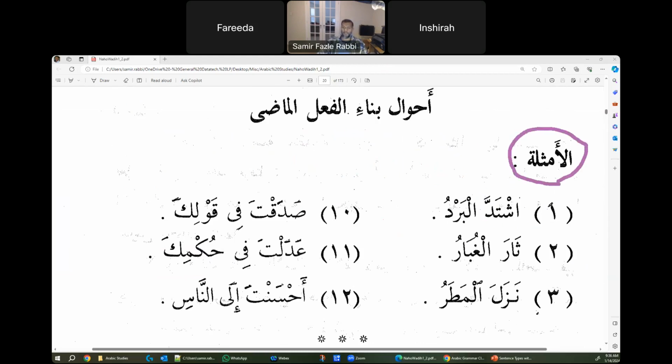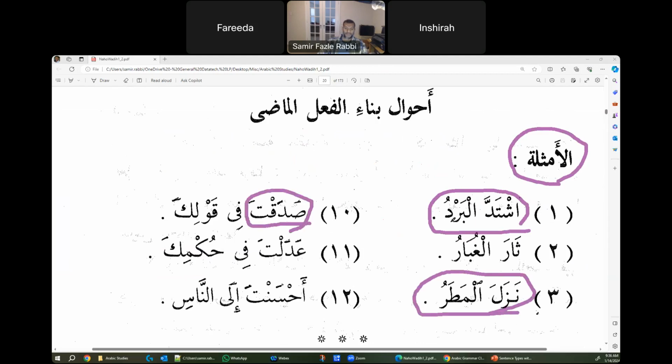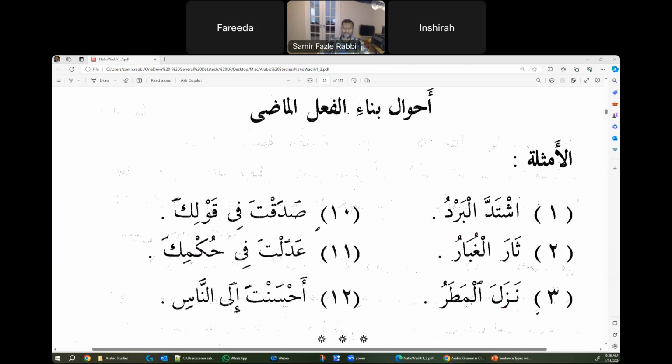So here's how, let me say that. So ashtadda al-bardu. And then we have nazala al-matar. All of these ones, sadaqta. Okay, this is a better one. Sadaqta fi qawlik. You were truthful in your word. So here, the sadaqta is built on sukun.